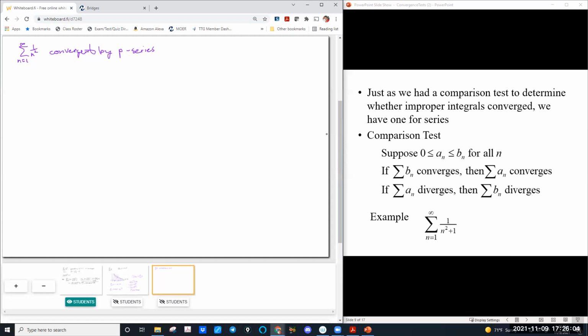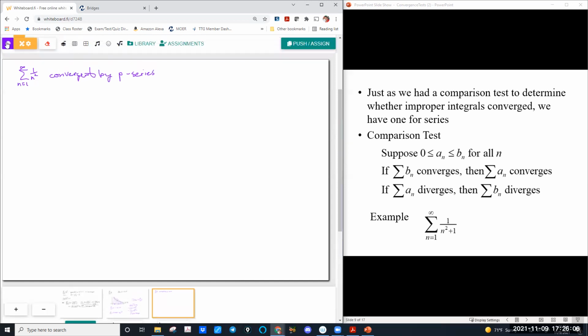Now, I want to point out this series is not by definition a p-series. We're going to have a pretty good intuition about it. It's going to behave a lot like 1 over n squared, but it is not a p-series because of that plus 1.